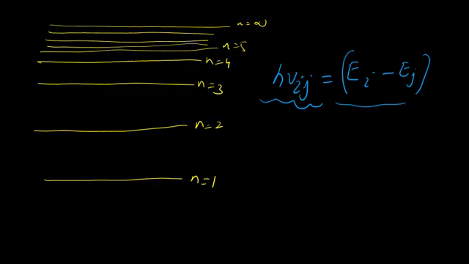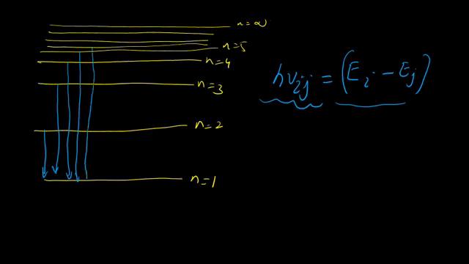So let's first talk about the spectral series of the hydrogen atom. It corresponds to whenever the electron jumps from a higher orbit, from n equals 2, 3, 4, 5, or 6, to n equals 1.